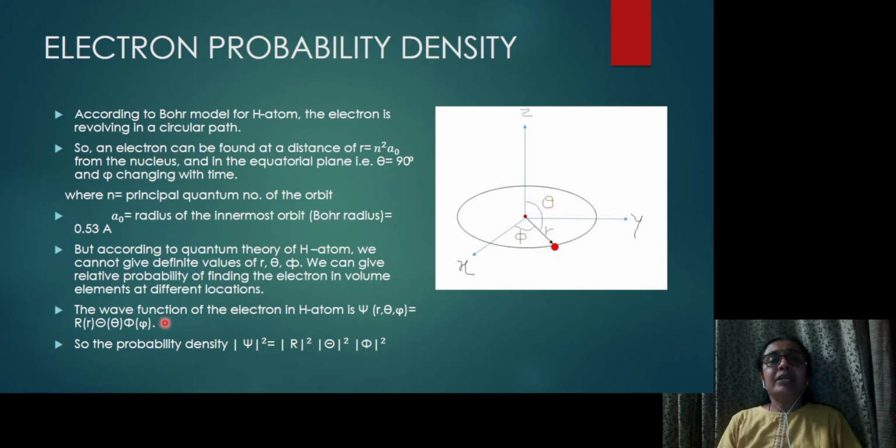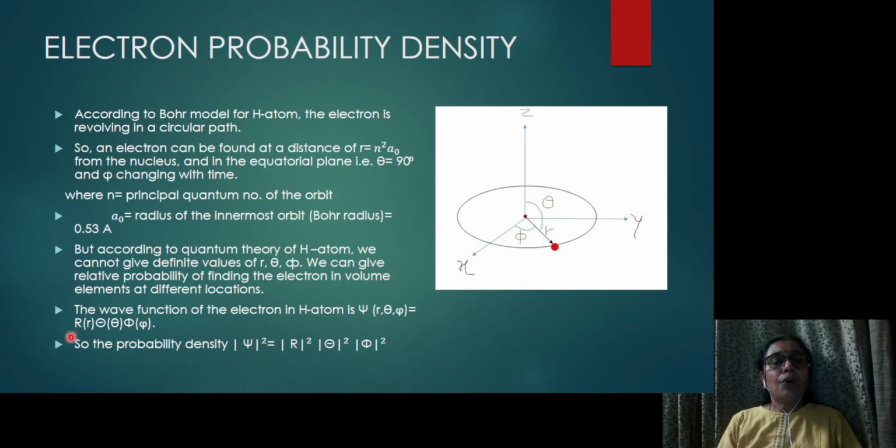So this probability, we know that it will be given by mod psi square, rather the probability density of finding the electron around the nucleus will be given by mod psi square, where the wave function of the electron is psi, that is a function of r, theta and phi coordinates, and it is a product of three functions, that is capital R, which is a function of variable r, capital Theta, which is a function of the zenith angle theta, and capital Phi, that is a function of the angular displacement phi.